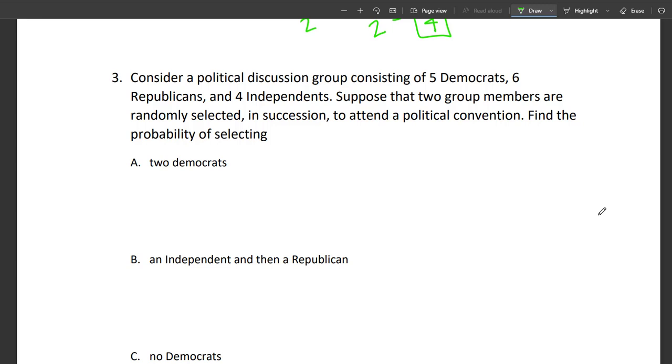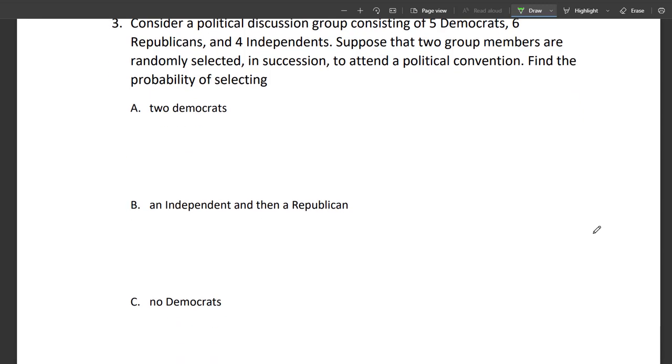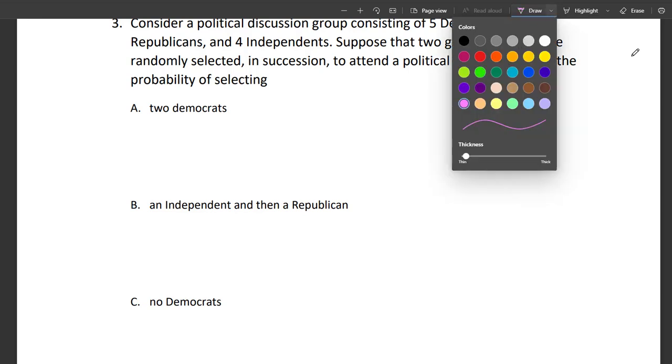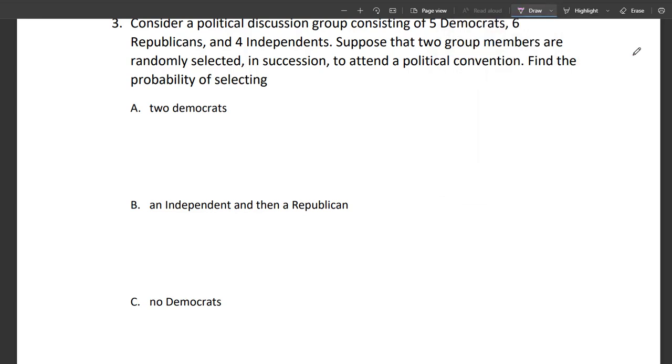And then our last one: consider a political discussion group consisting of 5 Democrats, 6 Republicans, and 4 independents. Suppose that 2 group members are randomly selected to attend a political convention. Find the probability of selecting 2 Democrats. So these events are dependent events. The second event depends on our first event.